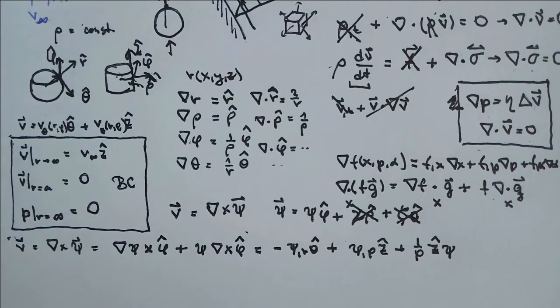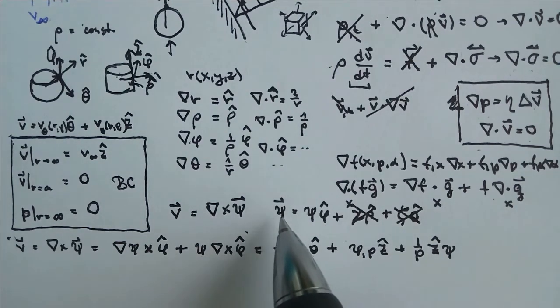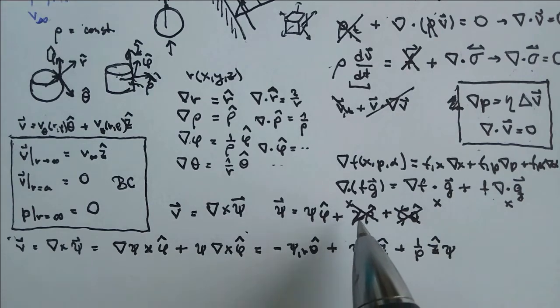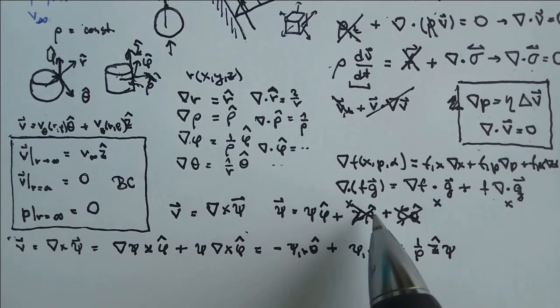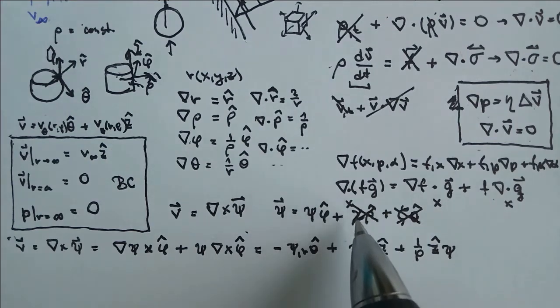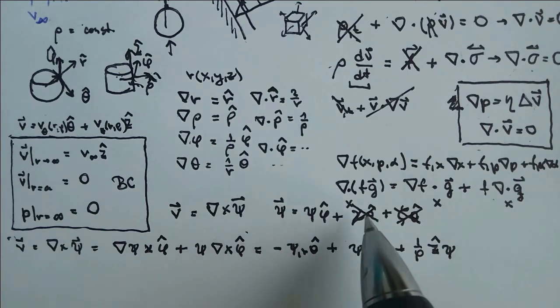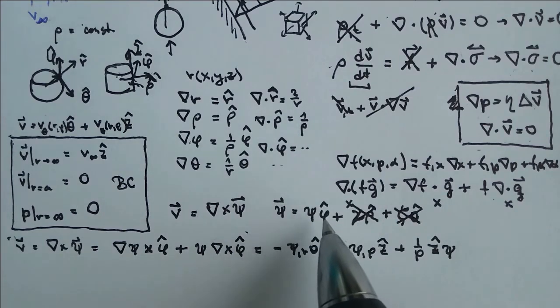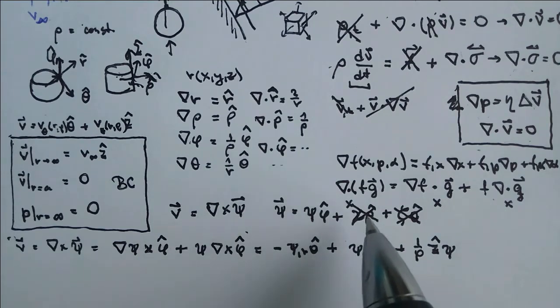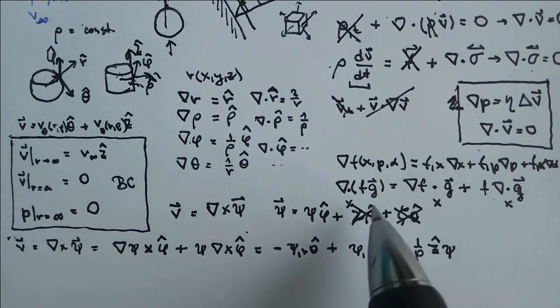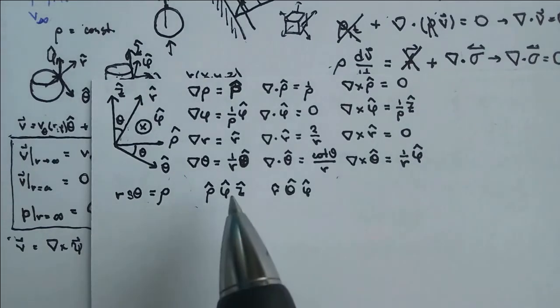Now we are ready to hear an explanation why there should be only this part of a vector field psi, because if you add this component chi rho hat, assume that chi is a function of phi, rho, and theta. If it is a function of phi, then we have to compute chi with respect to phi times phi hat, and phi hat cross rho is going to be phi hat z.